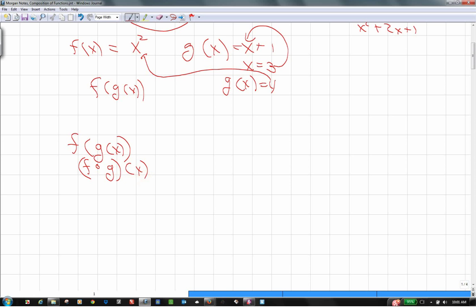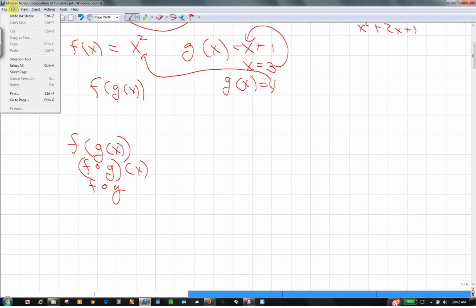That just means the same thing. This is the way maybe your book does it. And another way to do it could be something like this. Some of them may show it like that. And that's not an f-o-g, that's a little circle there. Okay? So with that, let's go to what the notes say.